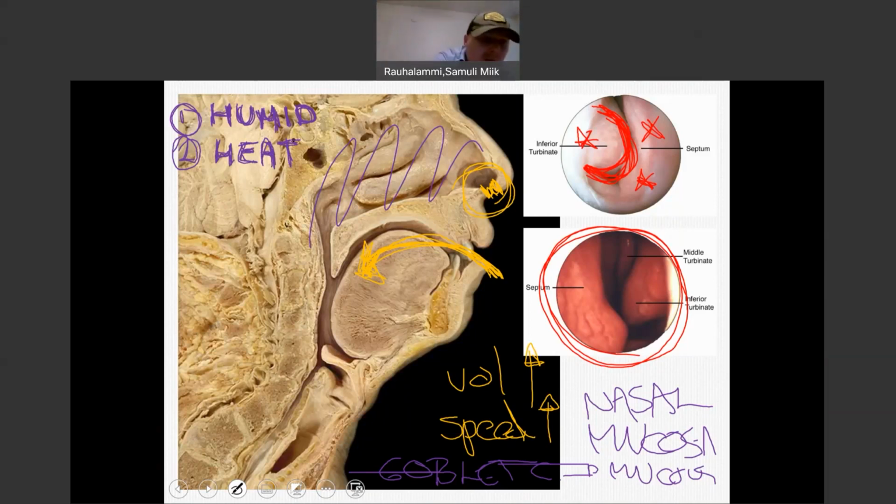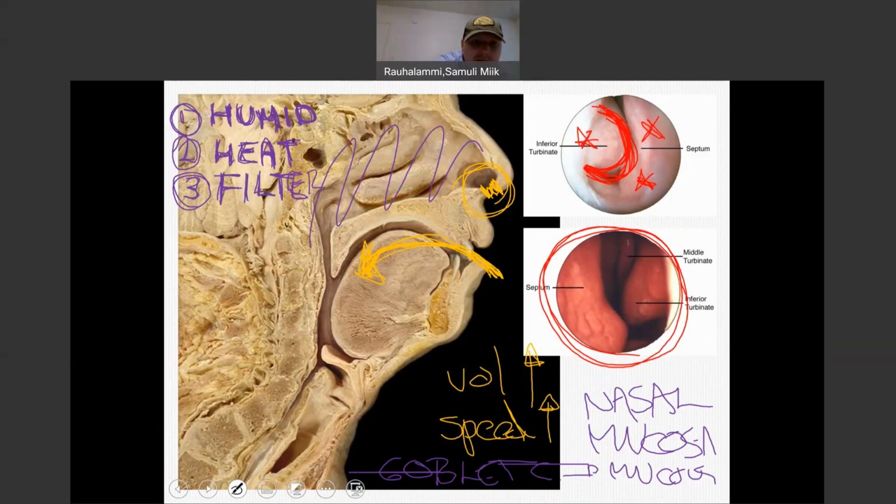And of course, we talked a little bit about this when we talked about the hair at the anterior portion of the nose. But the mucosa as well, you remember, it's sticky. So it helps to trap any particles that don't get filtered here within the nasal hair.